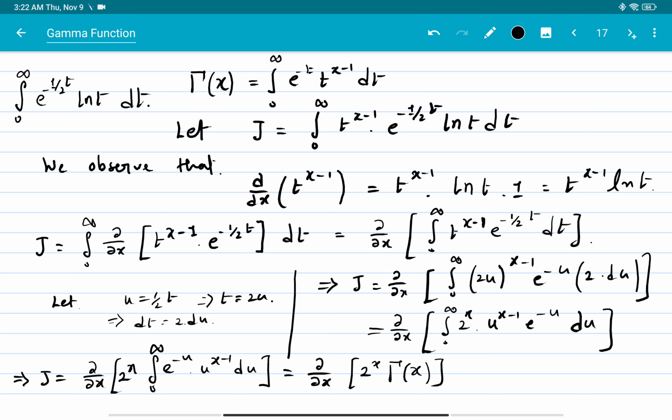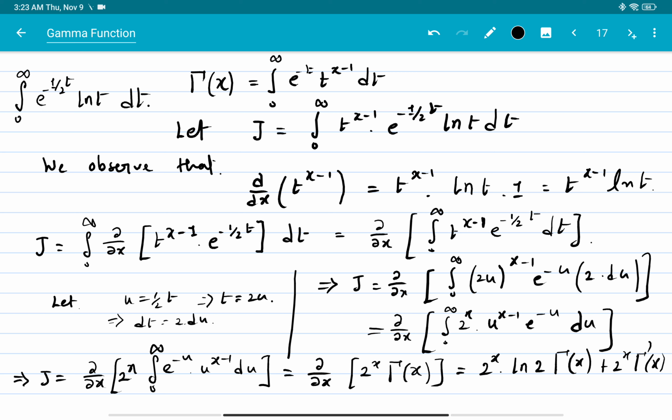Now if I just differentiate it, we'll get 2 to the power x times natural log of 2 times gamma of x, plus 2 to the power x times gamma dash of x.